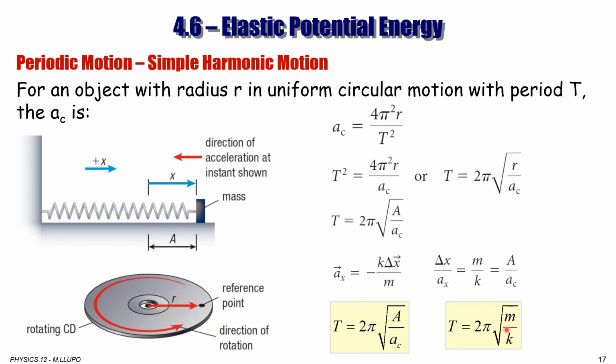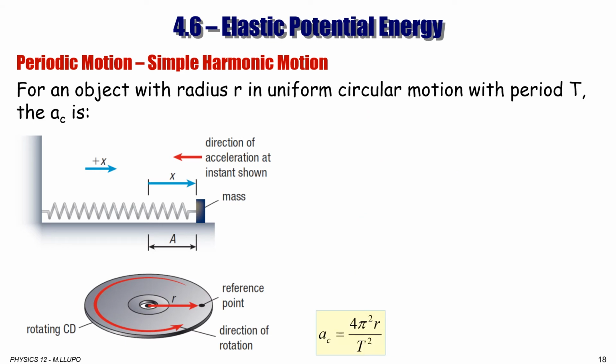So this is very important, because now the period of periodic motion will depend on the mass of the object and on the stiffness of the spring. So T is equal to 2 pi square root of mass over spring constant.